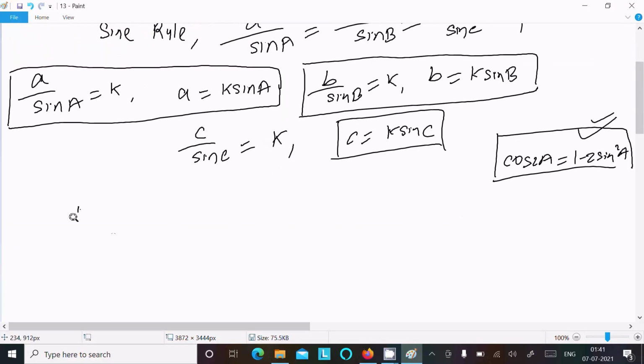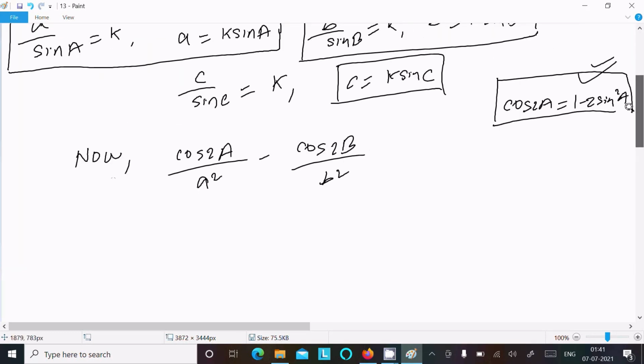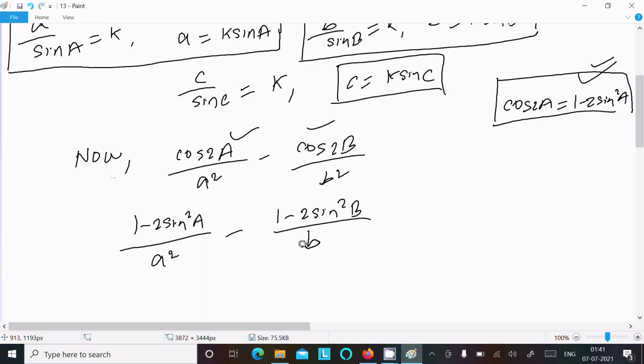So now cos2A divided by A square, and cos2B divided by B square. After that, let's break this into sine form. So cos2A we can write as 1 minus 2 sine square A divided by A square, and cos2B as 1 minus 2 sine square B divided by B square.